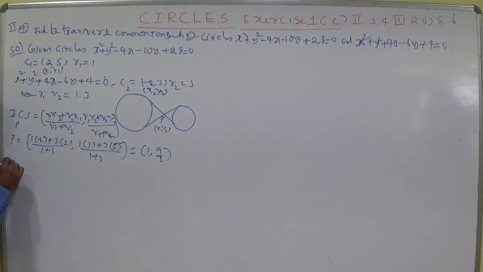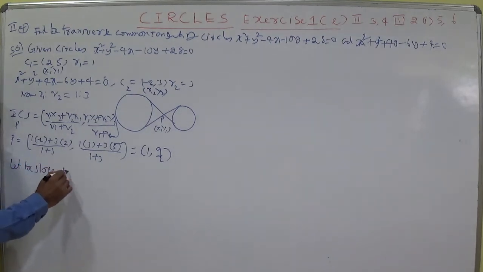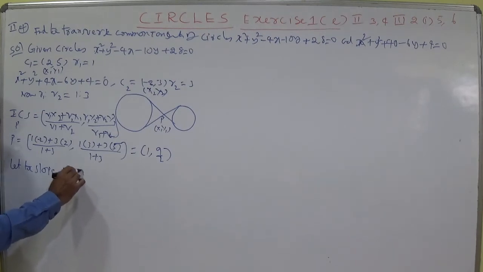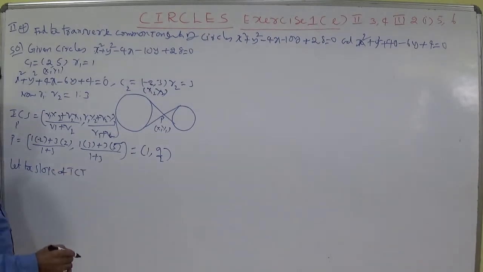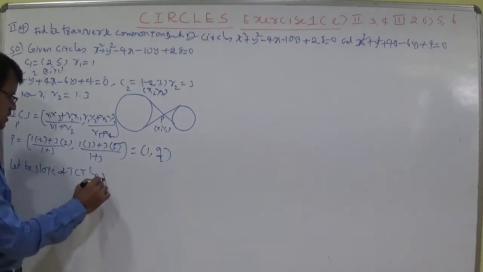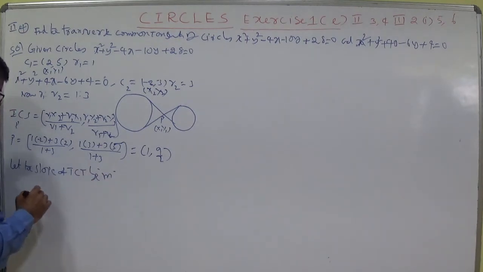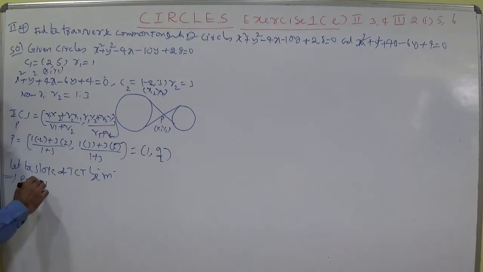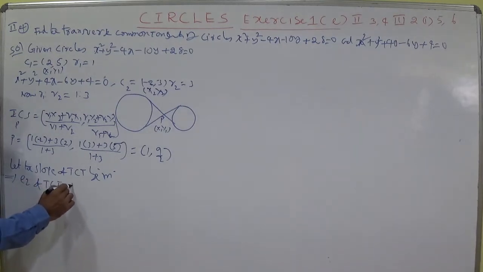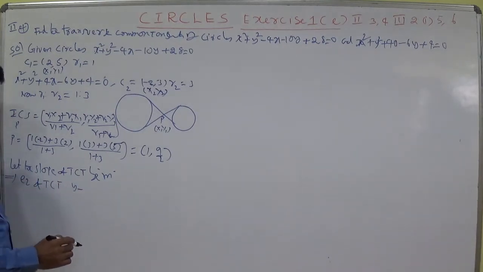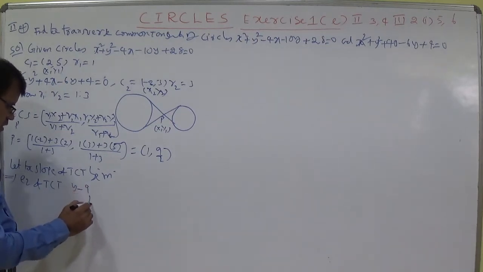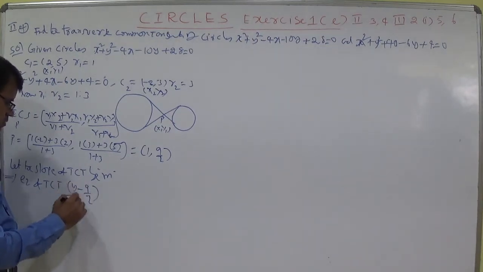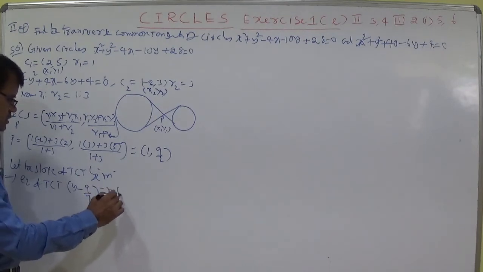Now, let the slope of TCT, transverse common tangent, be m. That implies the equation of TCT is y minus y1 is equal to m into x minus x1. So y minus 9 by 2 is equal to m into x minus 1.